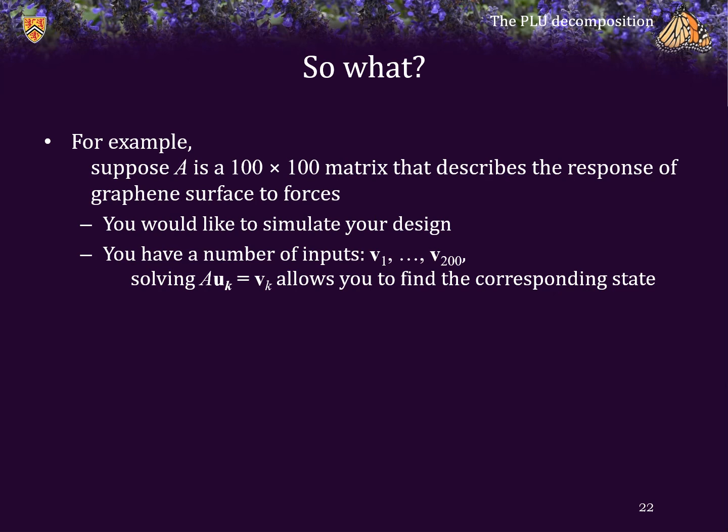You would therefore have a number of inputs. Let's say we have 200 inputs V1 through V200. And consequently, solving A times an unknown vector U sub k for each of the input vectors V sub k allows us to find the corresponding state of the system once those forces have been applied.